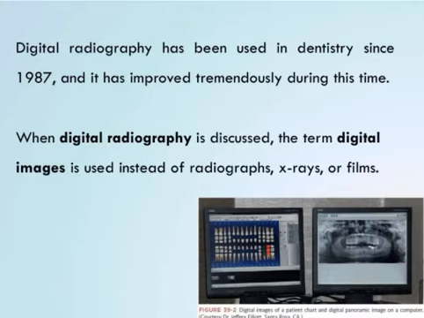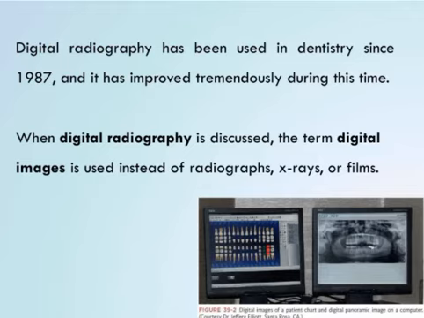When digital radiography was introduced, the term digital images was reserved for images unlike the films. What do you mean by that? An image that we see which has been procured from a digital imaging system, we say it is a digital image.